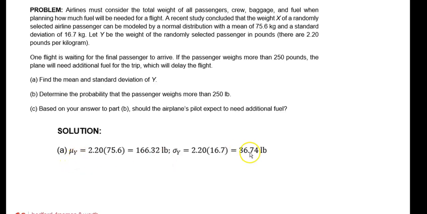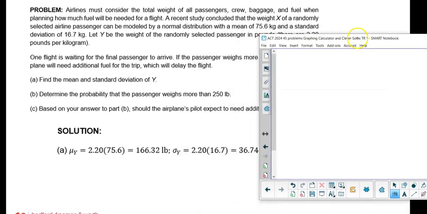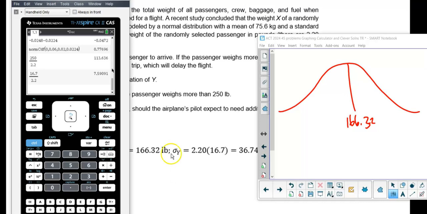Okay, so now we have our mean and standard deviation. So you would now just go ahead and draw it, right? So I want to draw a curve. Mean is 166.32. Standard deviation 36.74.